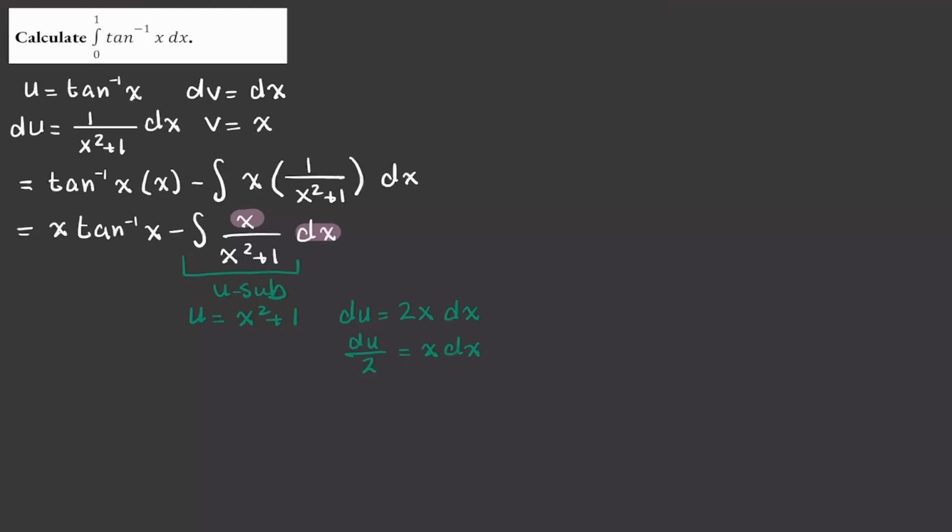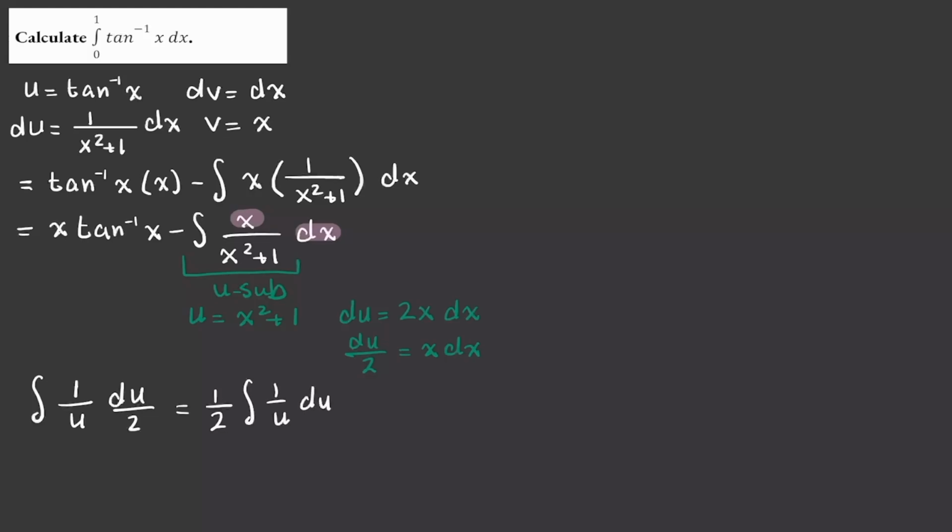Now here, I will rewrite the equation, doing the u substitution right here. I would have 1 over u and then du over 2. I can pull out the 2 on the bottom as 1/2 times the integral of 1 over u du.